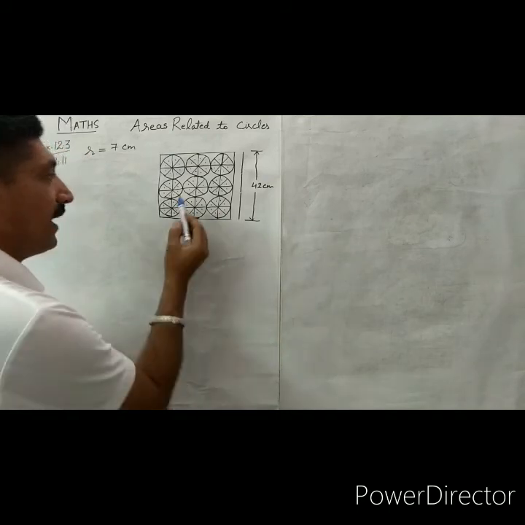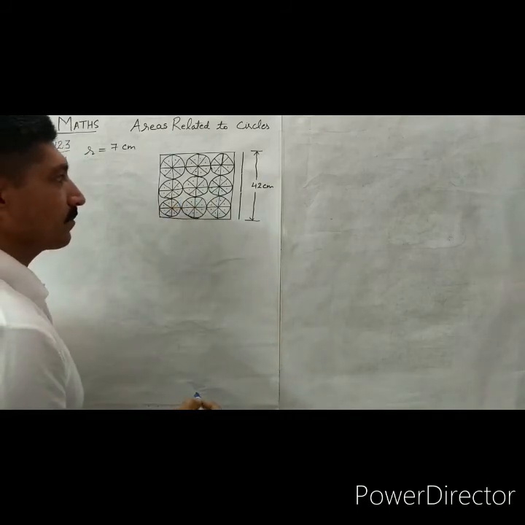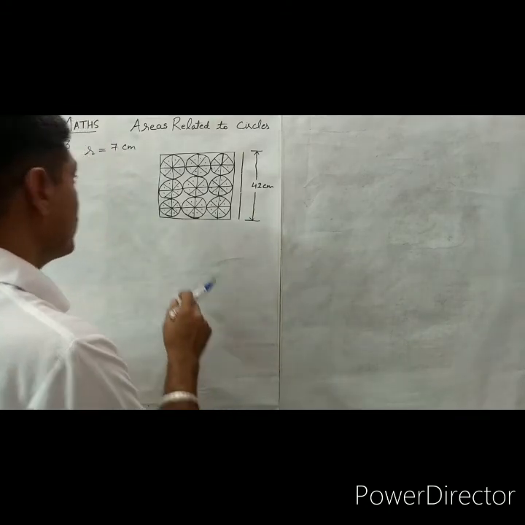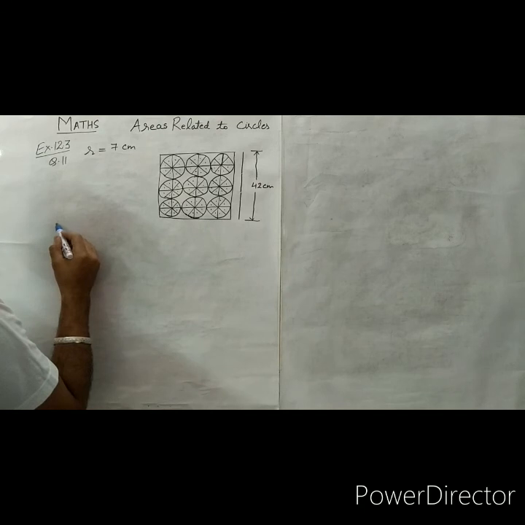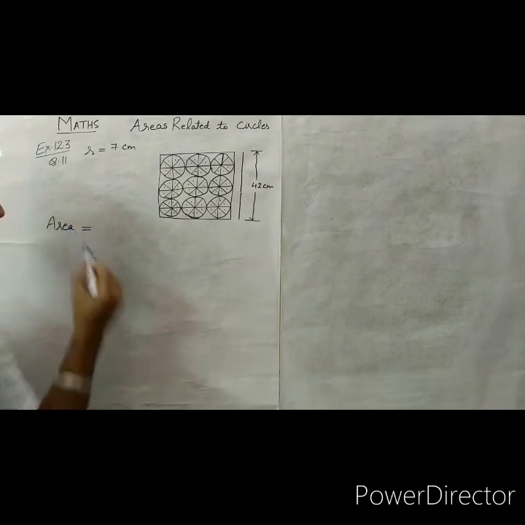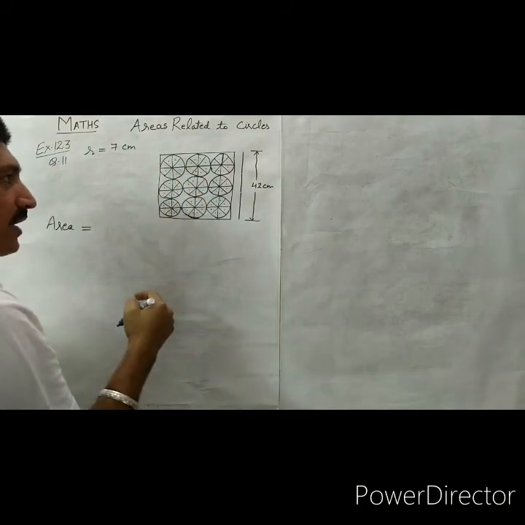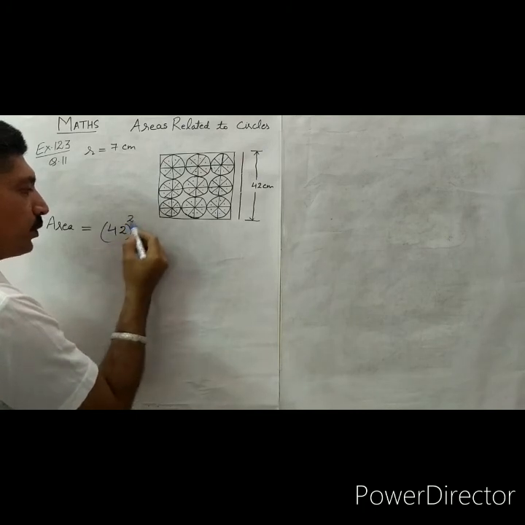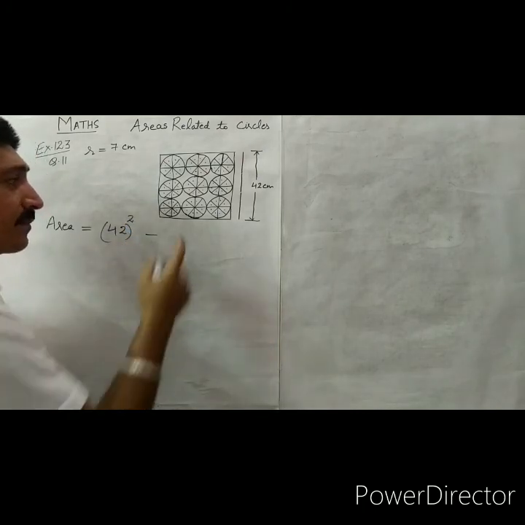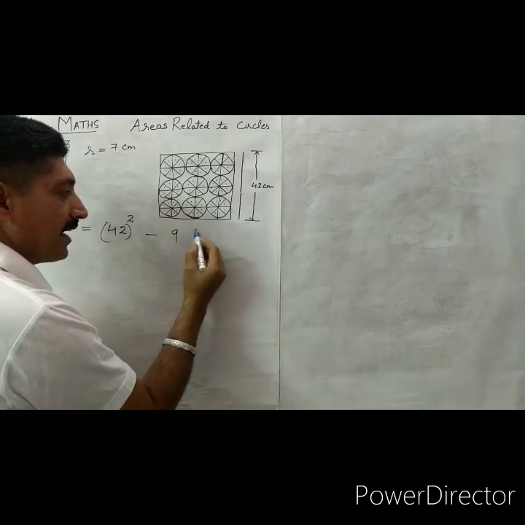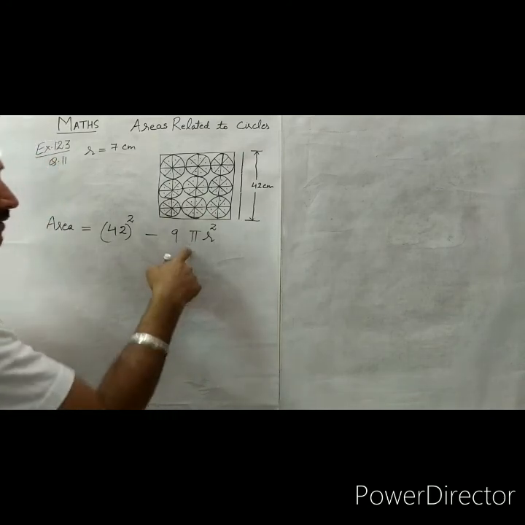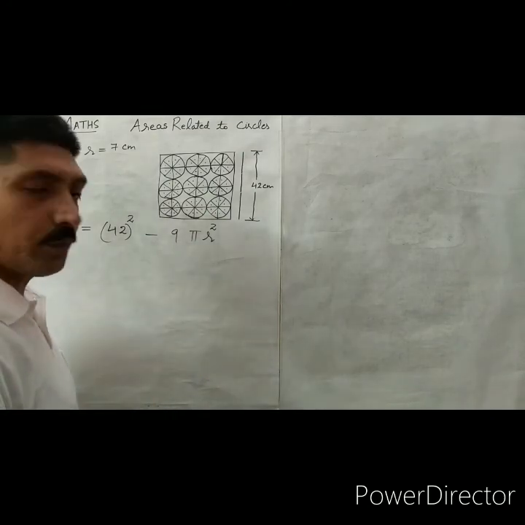Now we want to find the remaining area, or here we can say the unshaded area. So the required area is equal to the area of the square, that is 42 into 42, minus 9 times the area of one circle, because we have 9 circles, and here we will use the value of pi 22 upon 7.